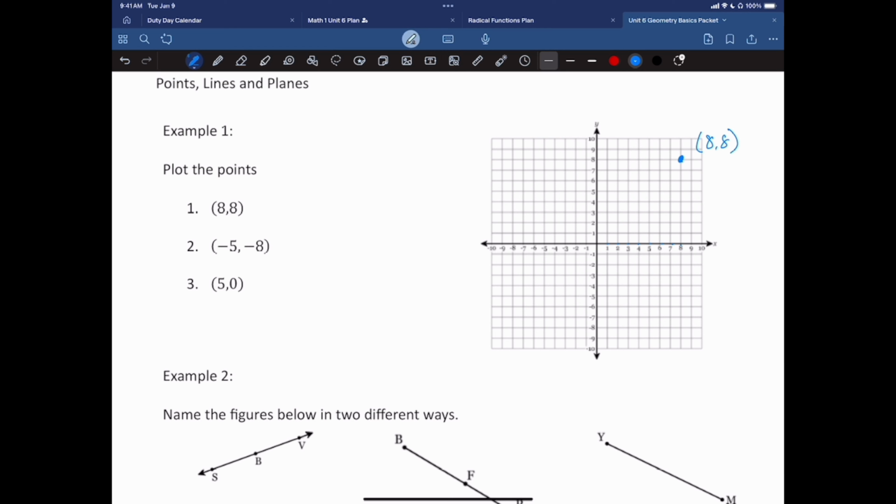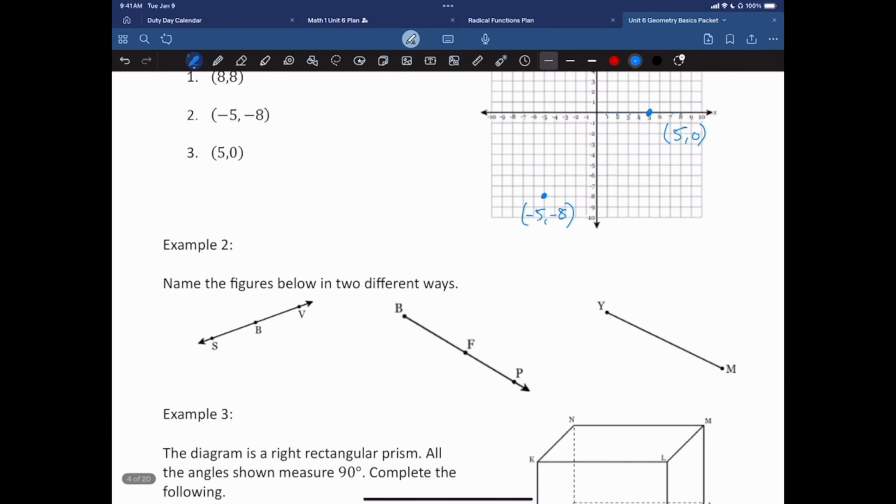So we're going to go to the left 5 and go down 8. So it'd be something like this. And then we have the last one, (5, 0). 1, 2, 3, 4, 5. Okay, there's your 3 points. Just make sure you're labeling them, okay?